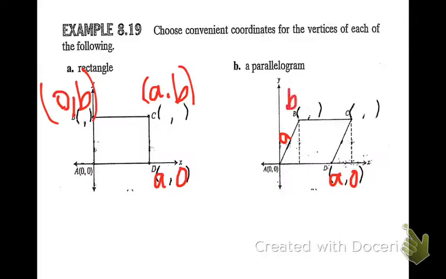So we call that B and C. And then point C, we've got B. What could I call the x value of point C?